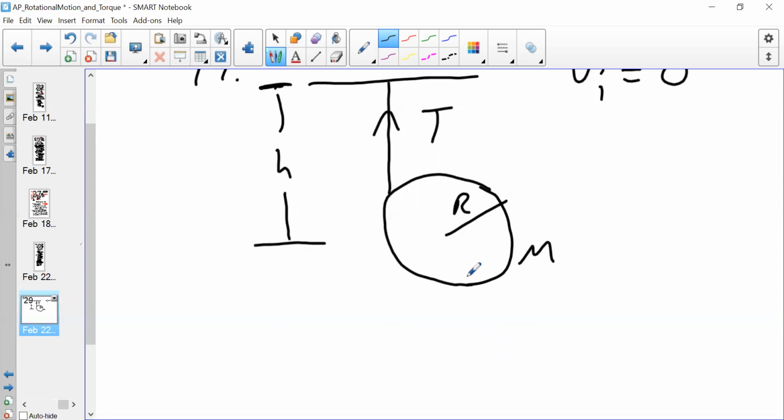So if you pull it up in the direction of T, we have a counterclockwise rotation. I get that question asked all the time.